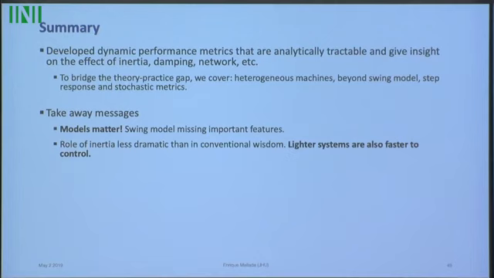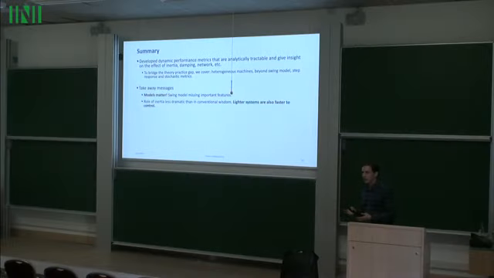There is intuition that if you have a system that is lighter, sure, disturbances are going to perturb it more, but it's also easier to control. Think of the engine that you have in your car versus a truck. It's much larger. So the effort needed to control a system with lower inertia should be smaller than one with large inertia.